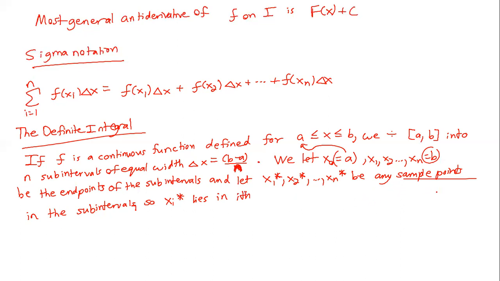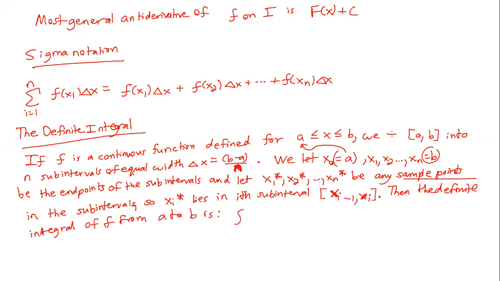And let x1 star, x2 star, dot dot dot, xn star be any sample points in the subintervals. So xi star lies in the i-th subinterval, x(i minus 1) comma xi.